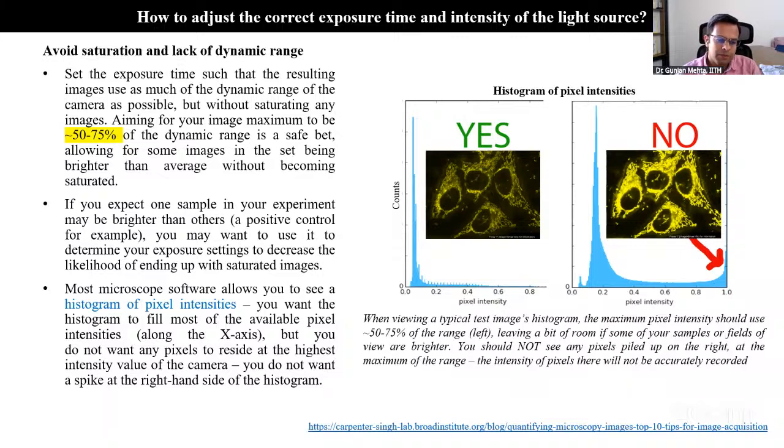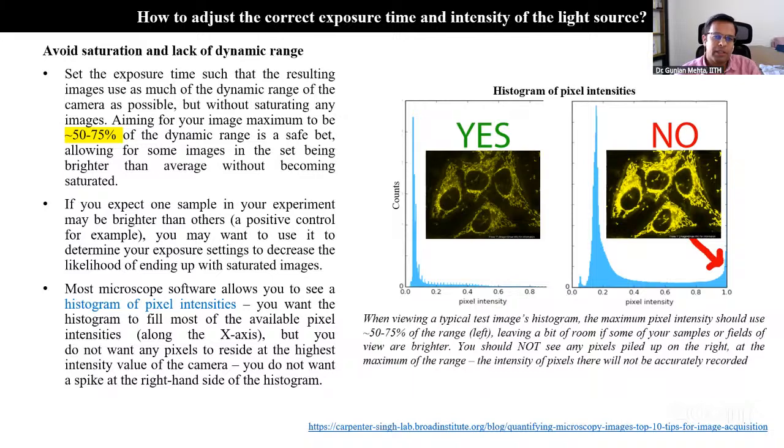Now, how to confirm whether this image has saturated pixels or not? Whatever microscope you are using, or whatever software you use for image acquisition, that software gives you this kind of graph, which is known as the histogram of pixel intensities. All the software will show you this graph when you are in live mode, and even once you capture the image, you can also see this graph.